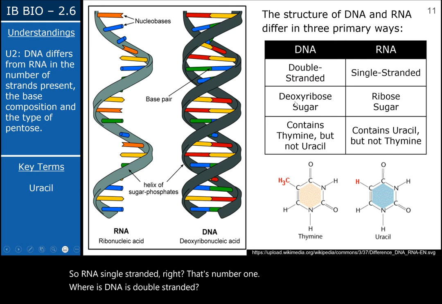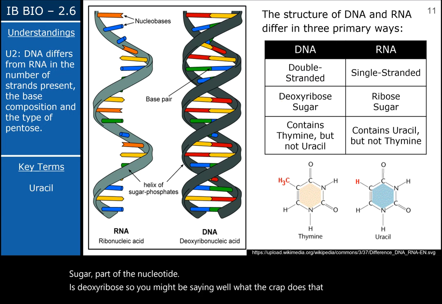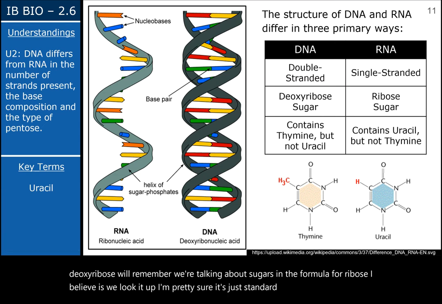In DNA, the sugar part of the nucleotide is deoxyribose. So you might be saying, well, what the crap does that mean, deoxyribose? Well, remember, we're talking about sugars, and the formula for ribose, I believe, is, let me look it up. I'm pretty sure it's just standard. It's 6-12-6, but I'm just going to make sure.